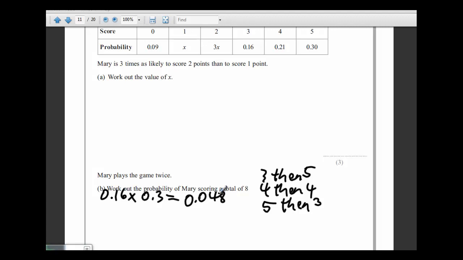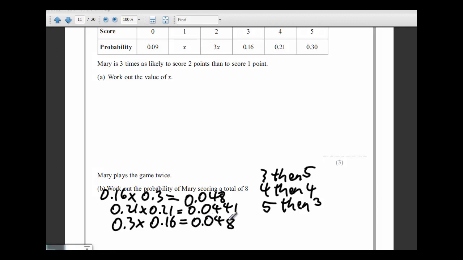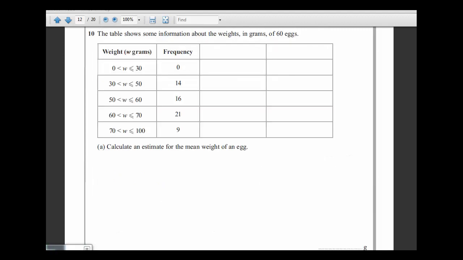Probability of getting 4, then 4, that's going to be 0.21 times 0.21, which is 0.0441. Probability of getting a 5, then a 3, that's 0.3 times 0.16, 0.048. So in total, adding those up, the probability is 0.1401.